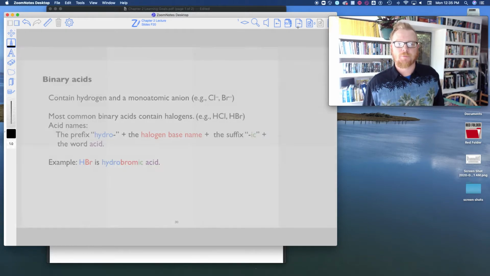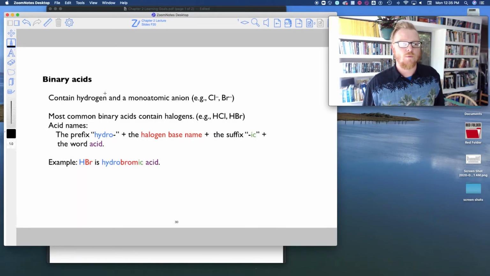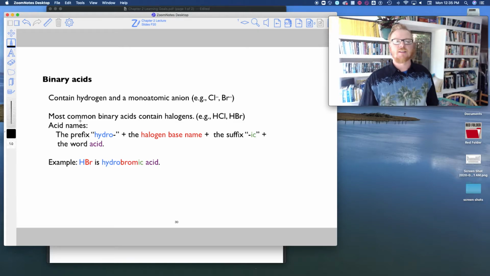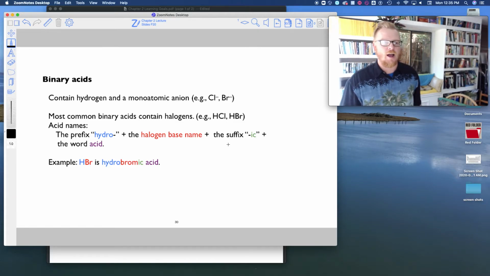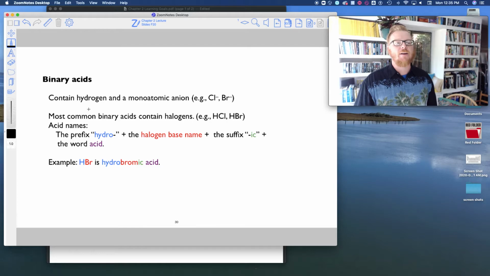Let's continue. Okay, so the next group of compounds you have to know, binary acids. This is going to be very similar to your ionic compounds, okay? So binary acids always contain hydrogen, always, and a monoatomic anion. Okay, so mono meaning 1, okay?